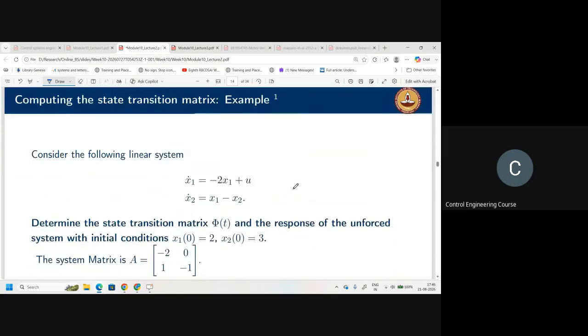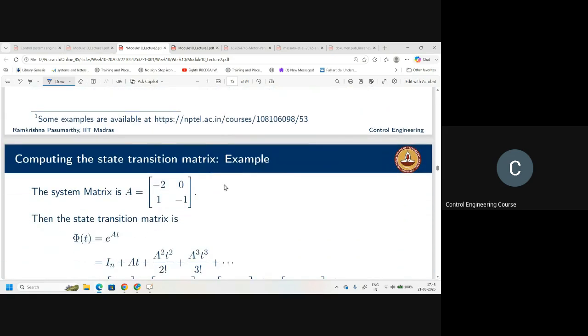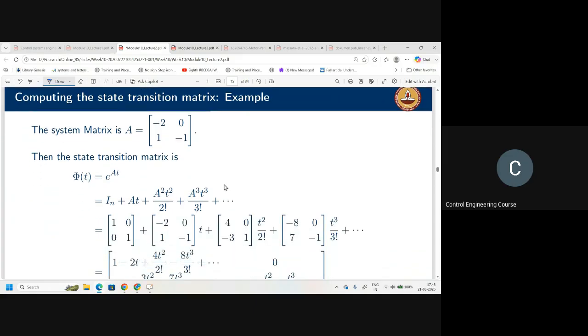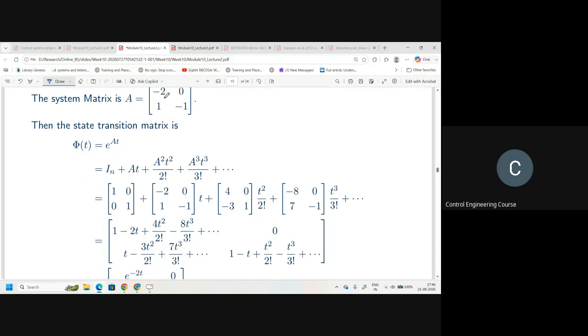The formula for this is e power At equal to I_n plus At plus A square t square by 2 factorial plus A cube t cube by 3 factorial and so on. Because A is of second order, a 2 by 2 matrix, it is a 2 by 2 identity matrix of order 2. Then At, then A square t square by 2 factorial and so on.